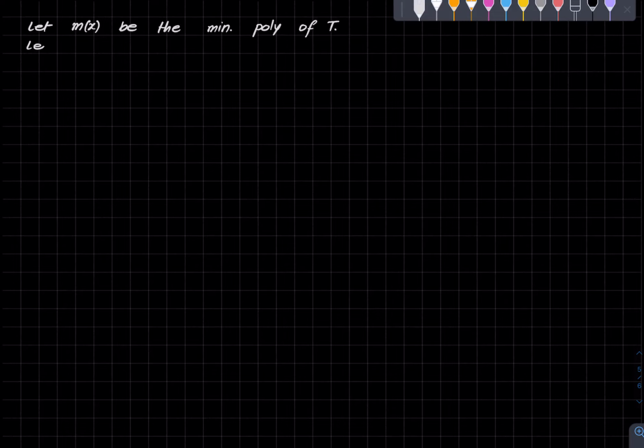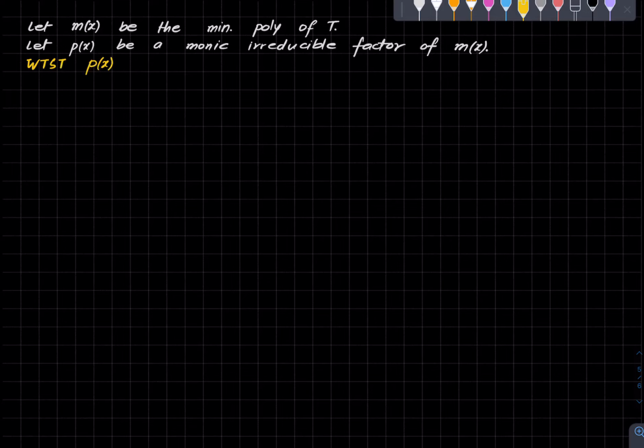And let p(x) be a monic irreducible factor of m(x). So we want to show that p(x) is an eigenpolynomial.